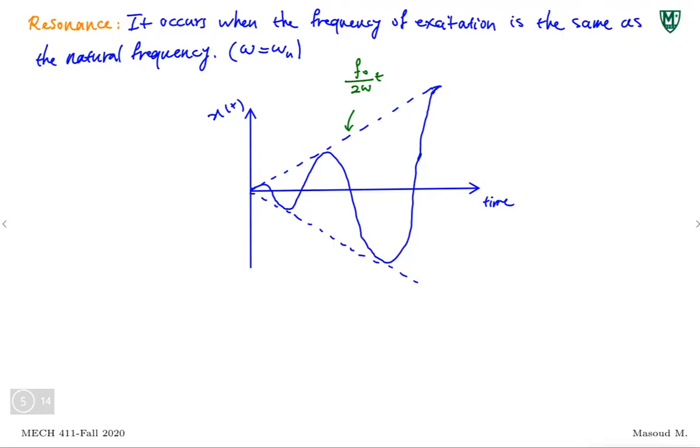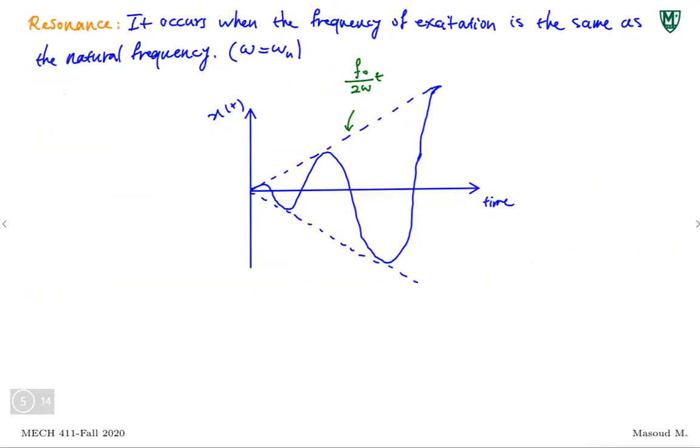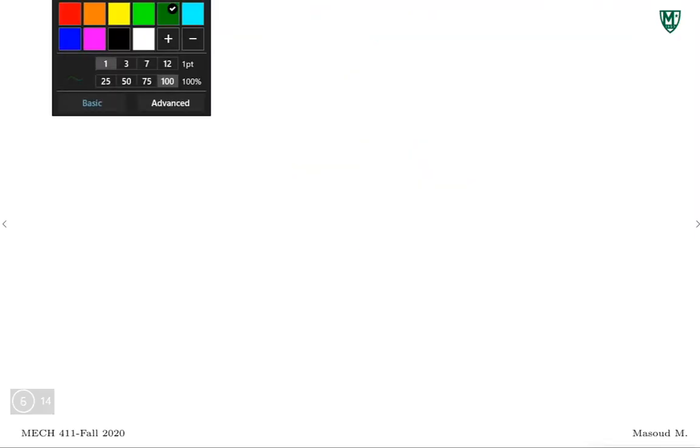All right. So that was case one, when omega is equal to omega n. And there is a second case, less important, but still interesting, when omega is not equal to omega n, but it's very close.